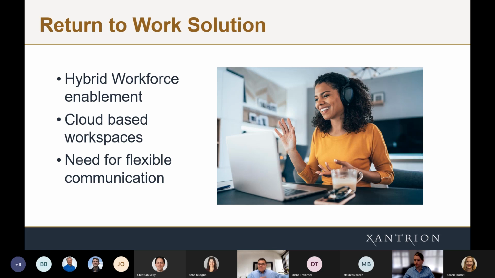As soon as people all went home and we weren't able to work in the office, there needed to be a drastic change with how they were able to communicate both inside and outside of the organization, because they got to a point where the phone system simply could not be leveraged because everybody was at home. And so how can we take advantage of something that can blend both the need to work from home and the need to work in the office and not compromise those capabilities while still having a very useful phone system?